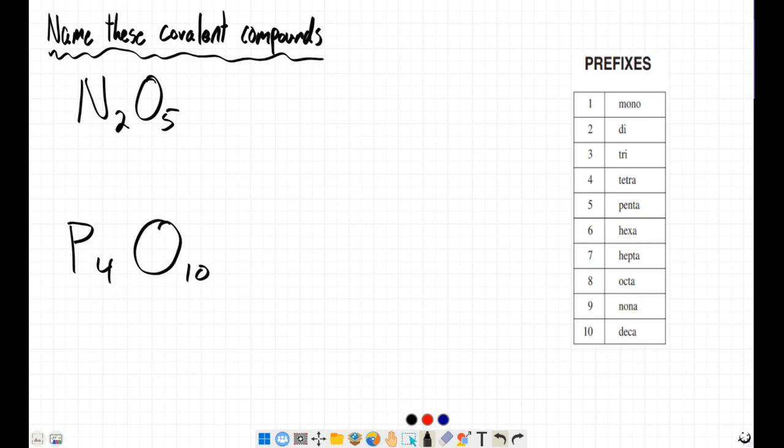Here you'll see two examples of covalent compounds. Let's focus on this first one, N2O5, nitrogen and oxygen. So for writing the name, the first thing that we're going to do is write down the actual element names. Nitrogen and oxygen.